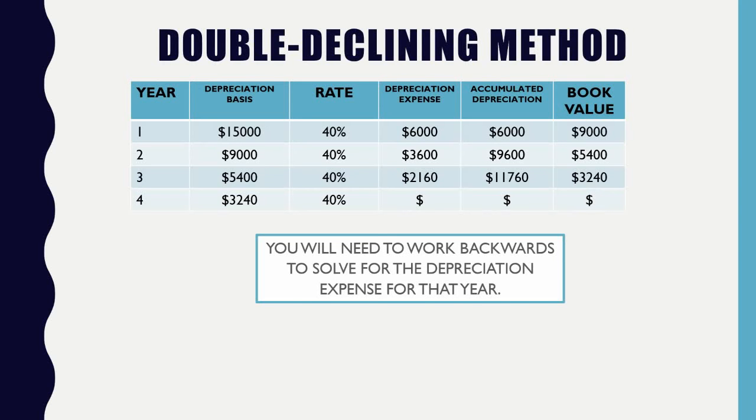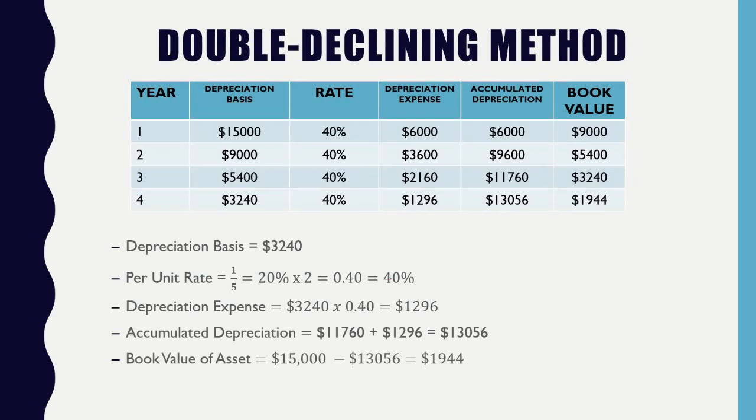That's what we have to remember, okay? So in this case, if you look at the previous one, once we reach year 4 and we keep depreciating it, because we're doing it twice as much, here we notice that the rate is the same, yes, but the depreciation basis will always change, all right, because of the book value.